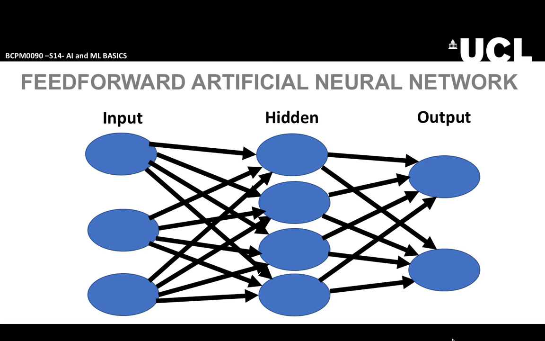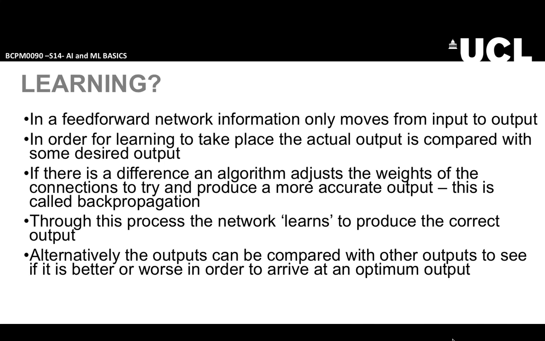So here you have the classical model for a feed-forward artificial neural network. We have the input, the hidden layers, and finally the output. In the feedforward network, information only moves from input to output.